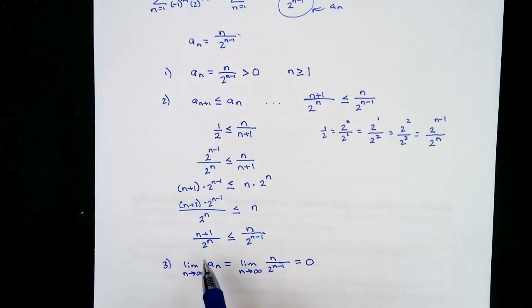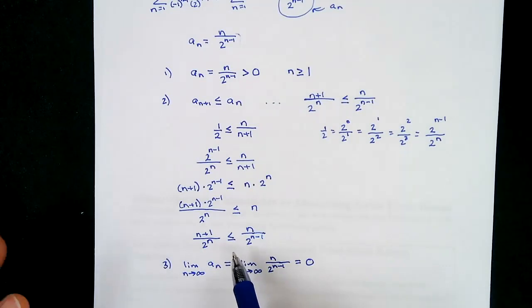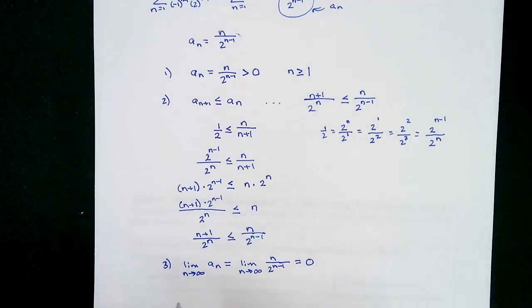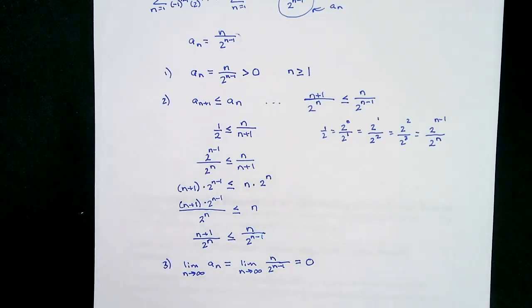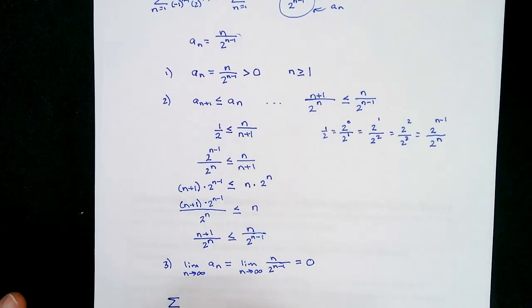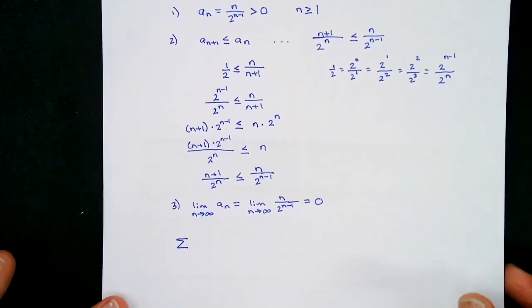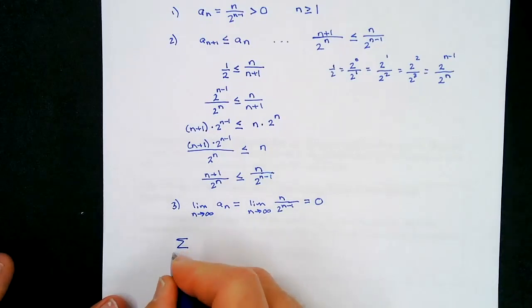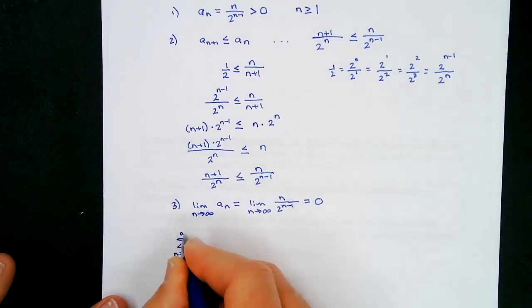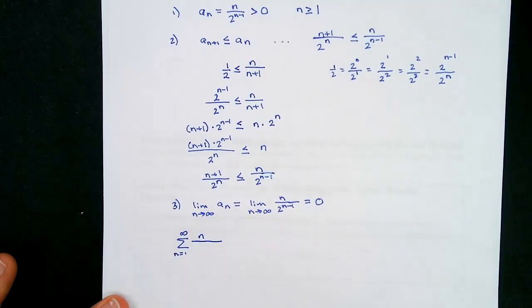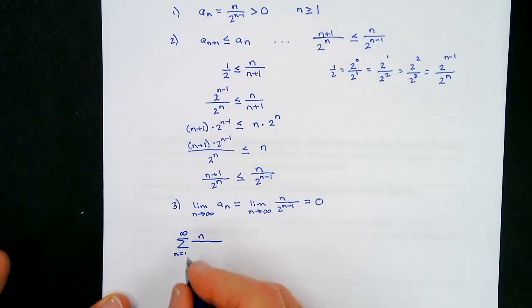We know that the n plus 1 term is going to be less than or equal to the nth term, all right? And so we've established that this series is going to converge, all right? So now we know that sigma, let me slide this up a little bit, n equals 1 to infinity, n over -2, right?